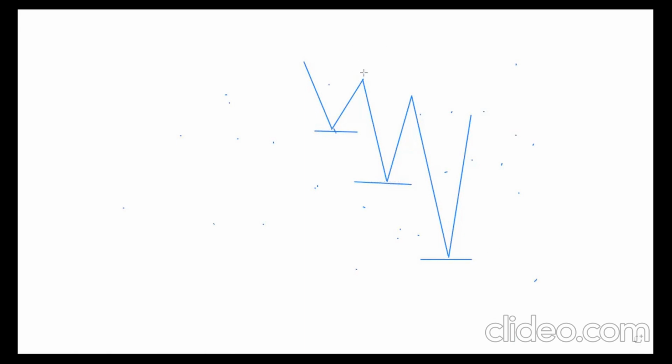Now, like I said, a supply region or a demand region is where the move started from. Where did this move to the downside start from?